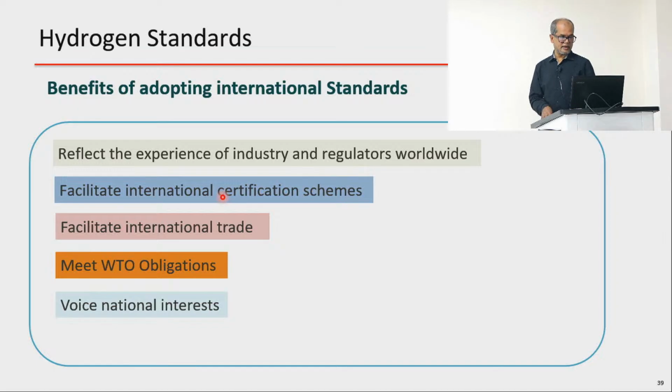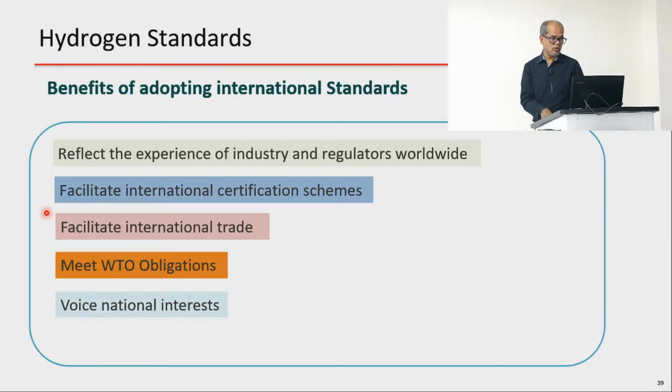And again, this mentions some of the benefits of adopting international standards. We have international standards in other cases, like for networks, renewable energy and so on, and the same for hydrogen.